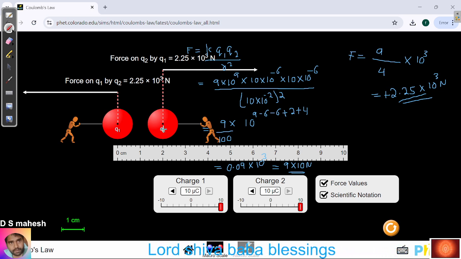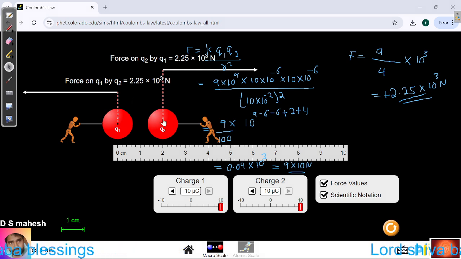So if this Q2 was negative, instead of plus 10 microcoulomb, if this was minus 10 microcoulomb, the magnitude would have been the same, that is 2.25 into 10 power of 3, but the direction would be towards each other. Then that would be a force of attraction.